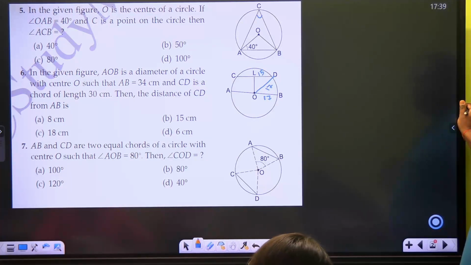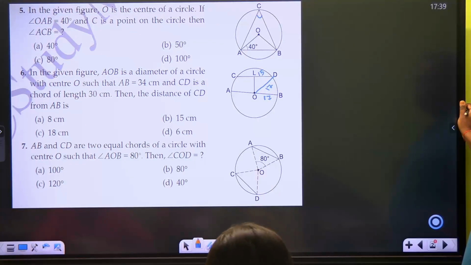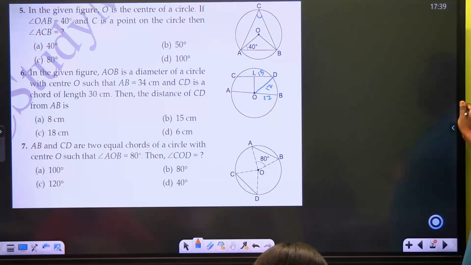उसको मत तोड़ो. हाँ. AB CD are equal. नहीं हो. Theorem ही याद नहीं है. Equal chords subtend equal angle at the center. तो फिर 80 क्या? 80 होगा. That 80 होगा is not coming out of your mouth because confidence is low, and confidence is low because practice is not there.